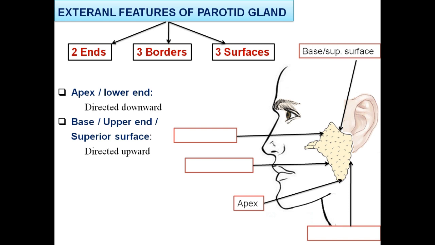The three borders are the anterior border, posterior border, and medial border. These three borders separate the three surfaces.